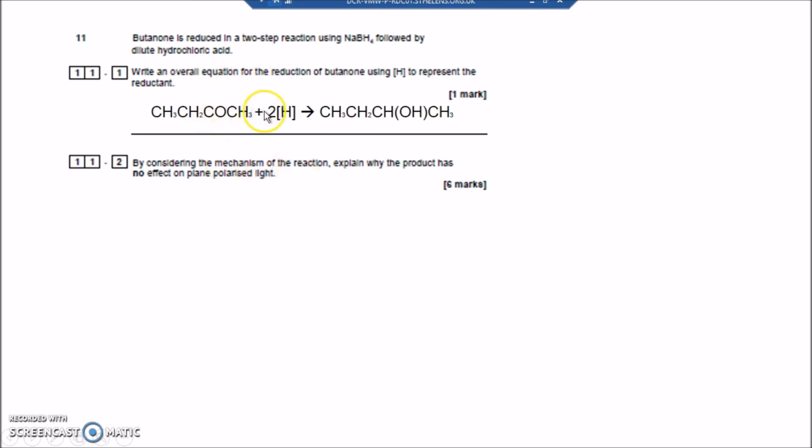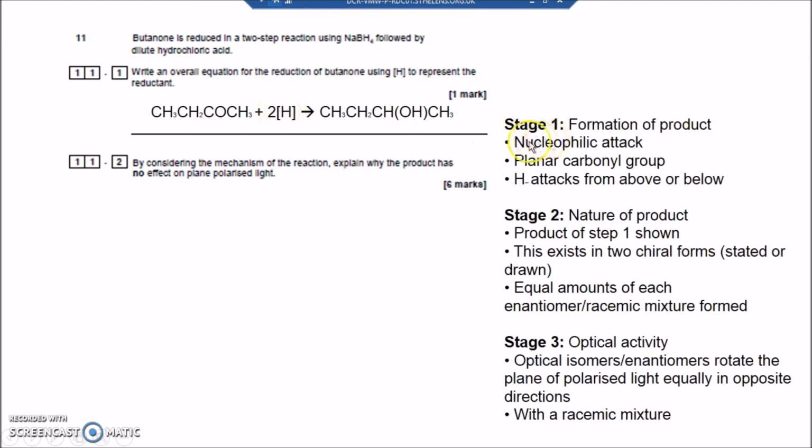So how does that happen to give a product that's got no effect on plane polarized light? First of all, the H minus is a nucleophile and it's going to attack the C. This is planar, this is flat, so the C=O is flat.